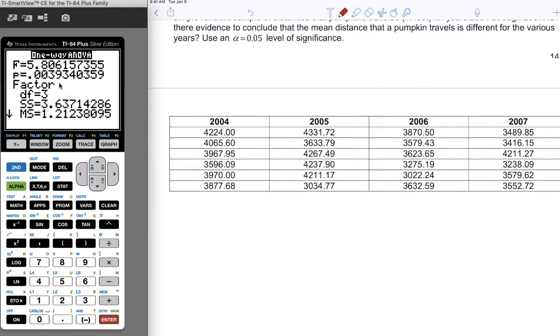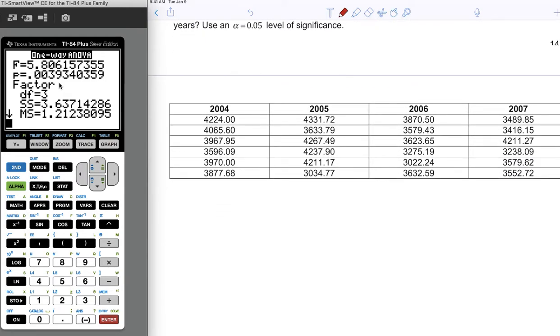Okay, so we're going to have to type these in the calculator, but let's write our hypotheses first. So once again, there are 1, 2, 3, 4 different samples here that have been obtained from 4 populations. So H naught will be mu 1 equals mu 2 equals mu 3 equals mu 4. There will not always be 4 for ANOVA, but there will be 3 or more.